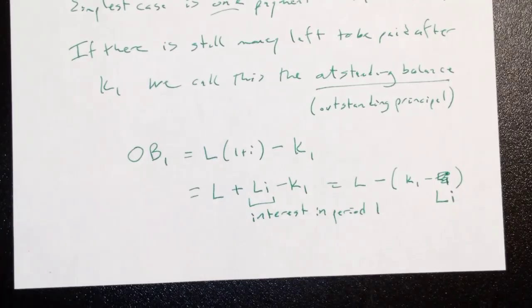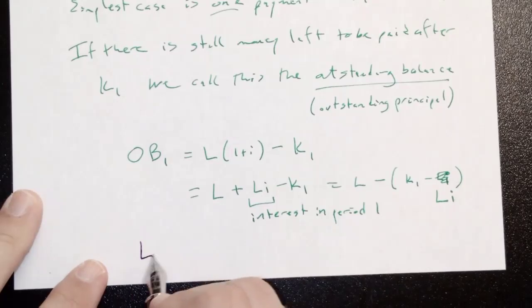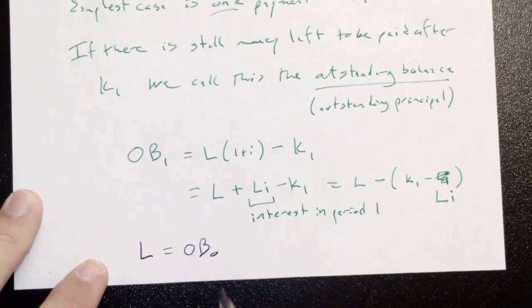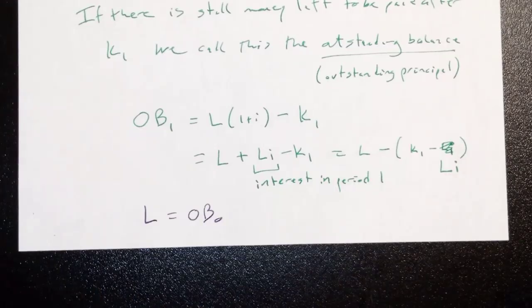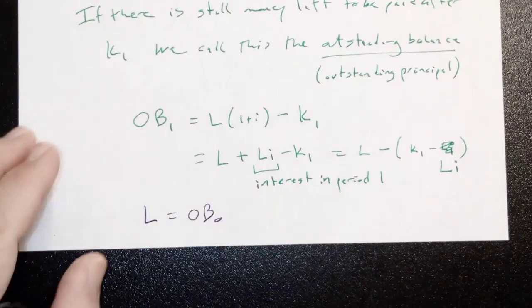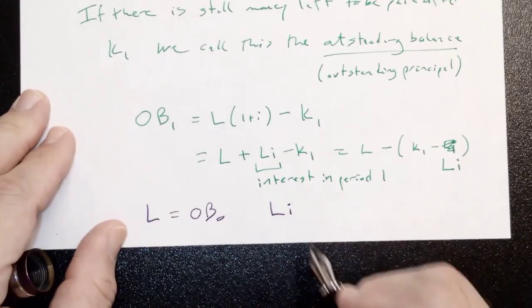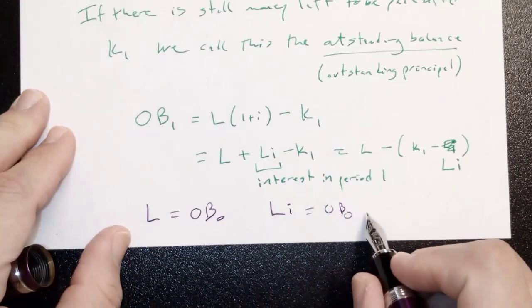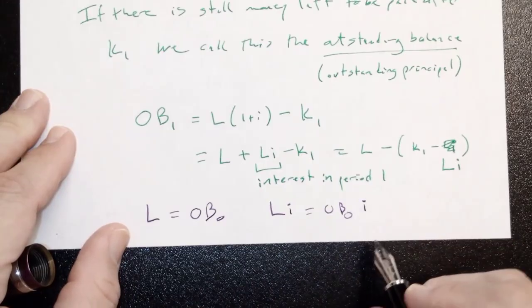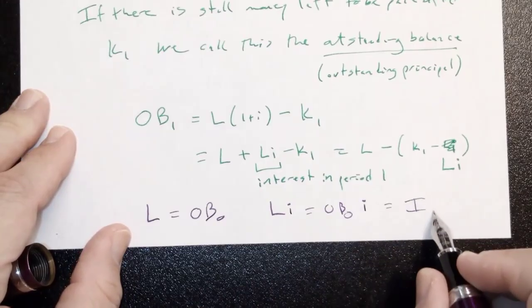I'm going to rename some terms here. Instead of L, or equivalent to L, that's the outstanding balance at time zero. That's how much you owe at the very beginning, right? And then this Li, that's OB0 times i, I'm going to call that the interest in period one.